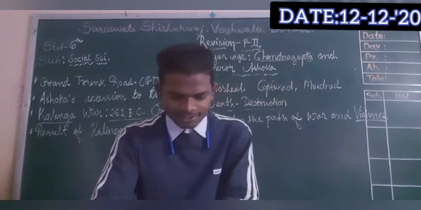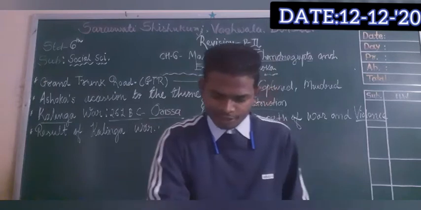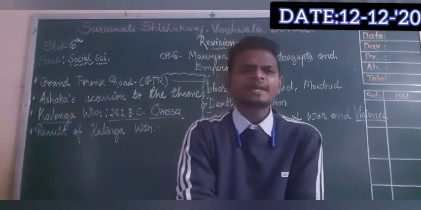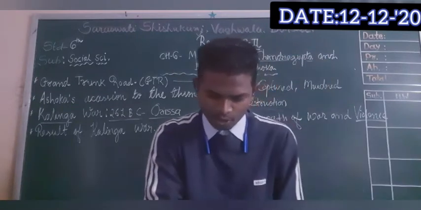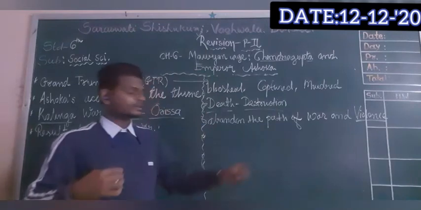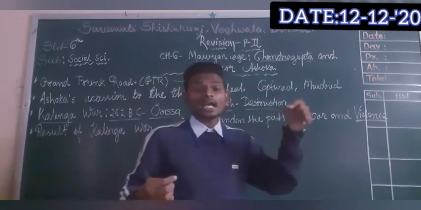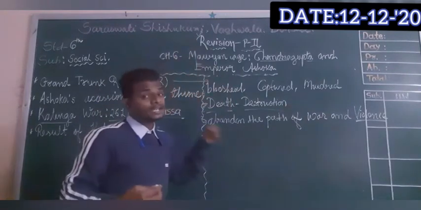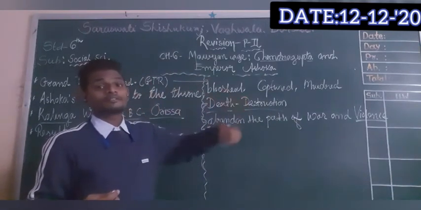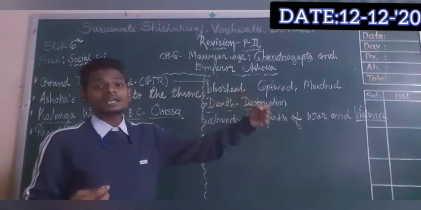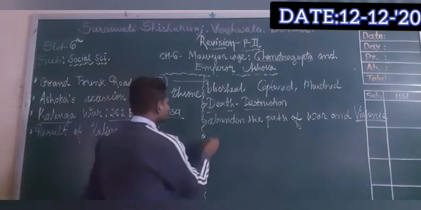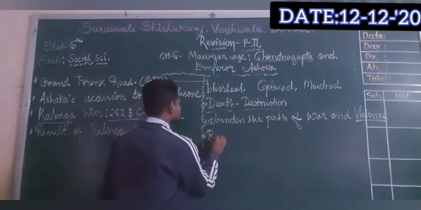For the next 30 years that he ruled, he never went to war and became an ardent, means very great, follower of Buddha. After the decision taken by Ashoka, he never went to war, never defeated or conquered any king or kingdom, and he followed the path of Buddha.